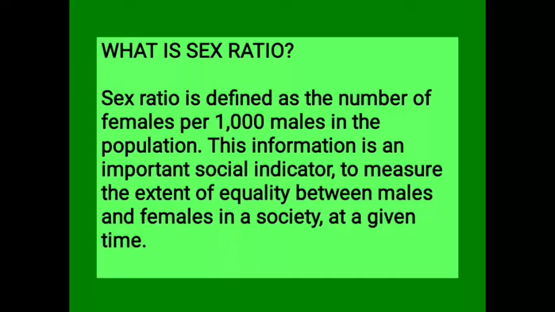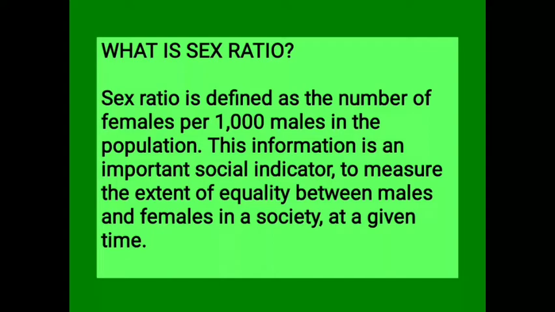We have come across a term, sex ratio. What is sex ratio? Sex ratio is defined as the number of females per 1,000 males in the population. Means if there are 1,000 males, how many females are there?